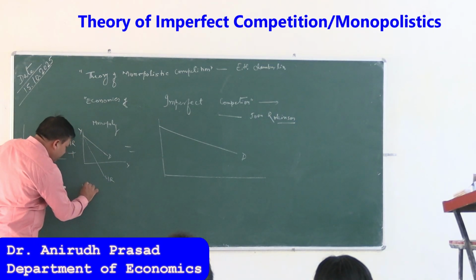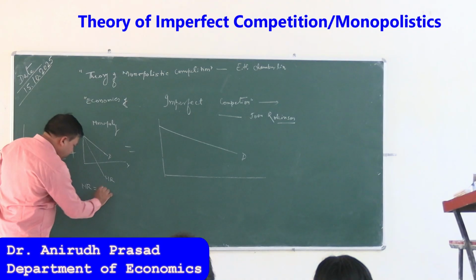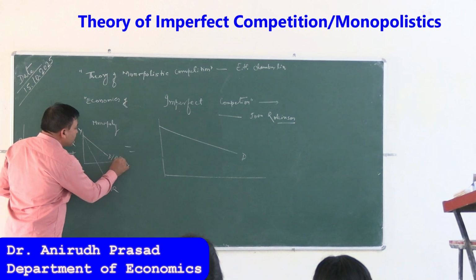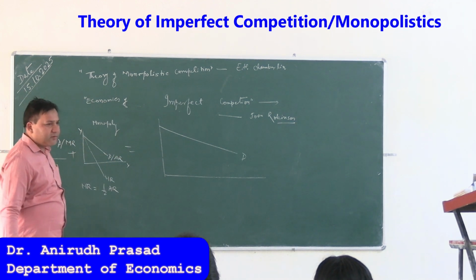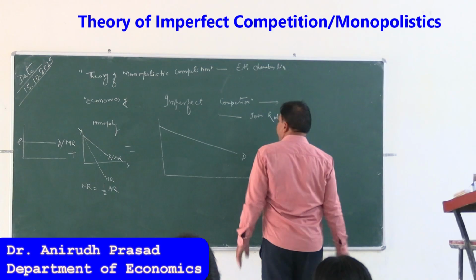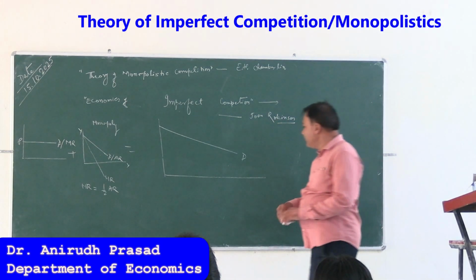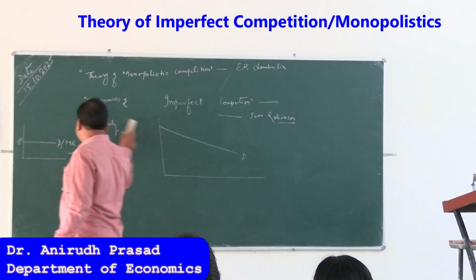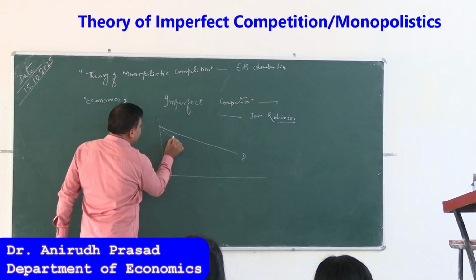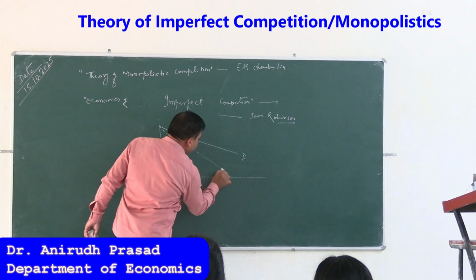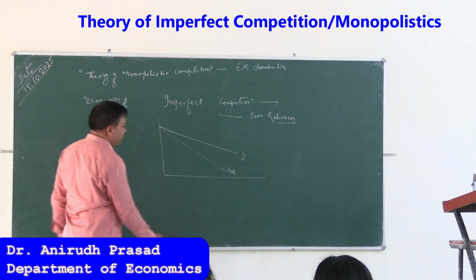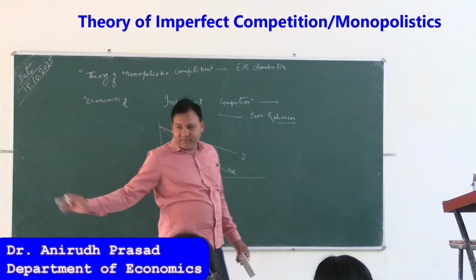Or we can say MR is half of AR. But in monopolistic competition, the demand curve is more elastic and the marginal revenue curve also follows the demand. This is the marginal revenue. Clear?